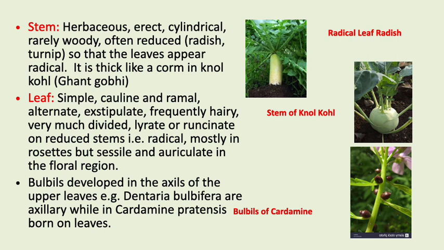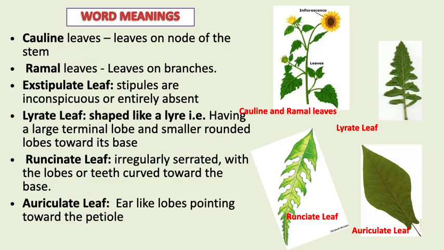Leaves simple, cauline and ramal, alternate, exstipulate, frequently hairy, very much divided, lyrate or runcinate on reduced stems, that is radical, mostly in rosettes but sessile and auriculate in the floral region. Bulbils develop in the axils of upper leaves, for example Dentaria bulbifera. They are axillary, while in Cardamine pratensis the bulbils are borne on leaves.